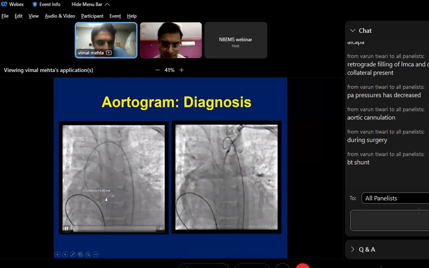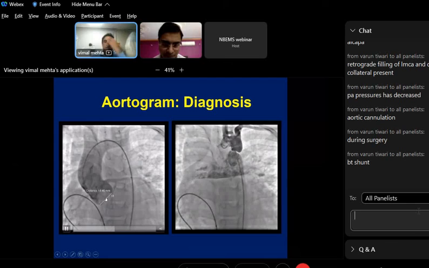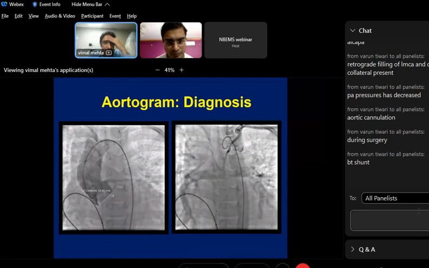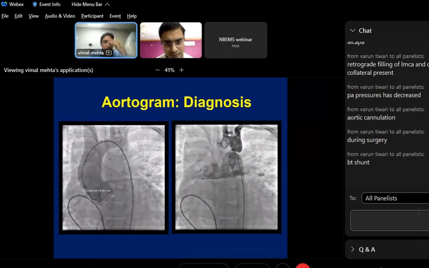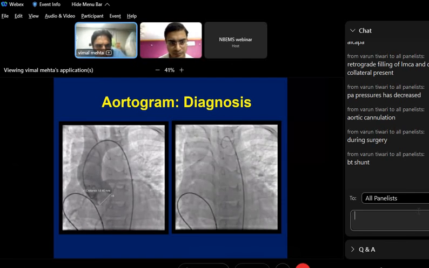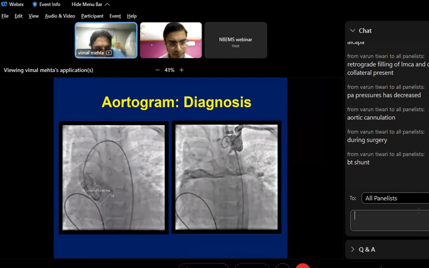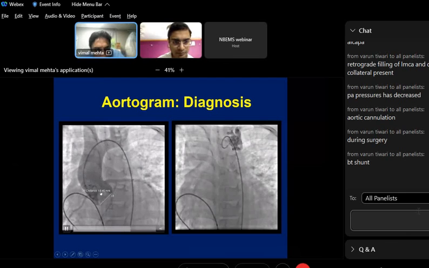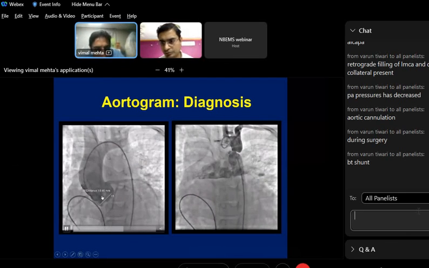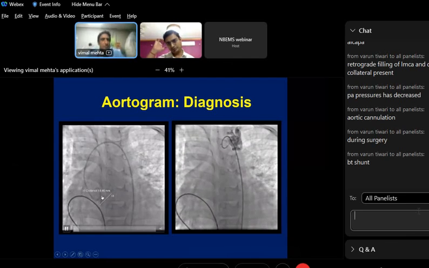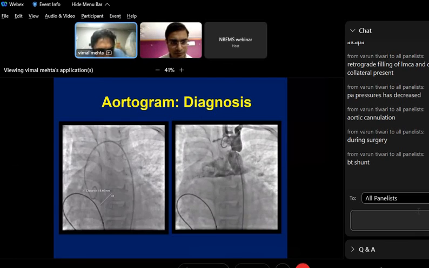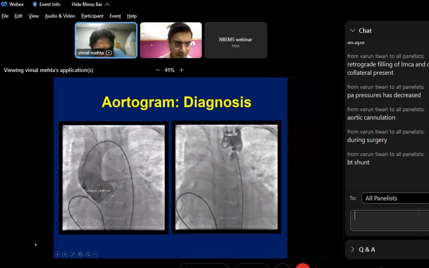And if you see carefully, I told you maybe 100 times that normal valves do not give any impression, any shadowing, because they are so thin. What do you see over here? And I told you another thing, that this holds true especially for the aortic and pulmonary valve, they will touch the wall of the artery.